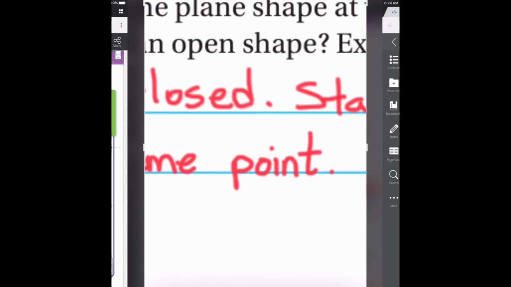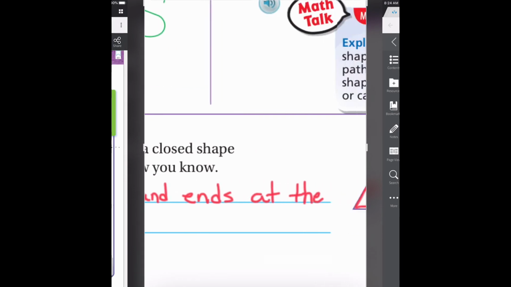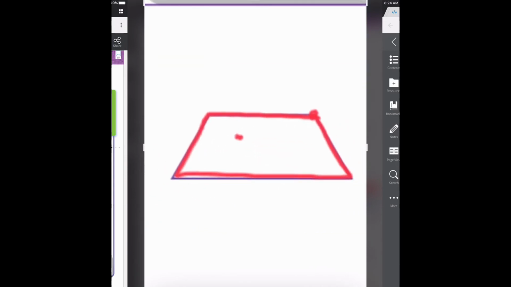All right, there we go. So if we take one more look at that, I'll make my point here in black. It starts there, and then it continues and ends again at the same point.